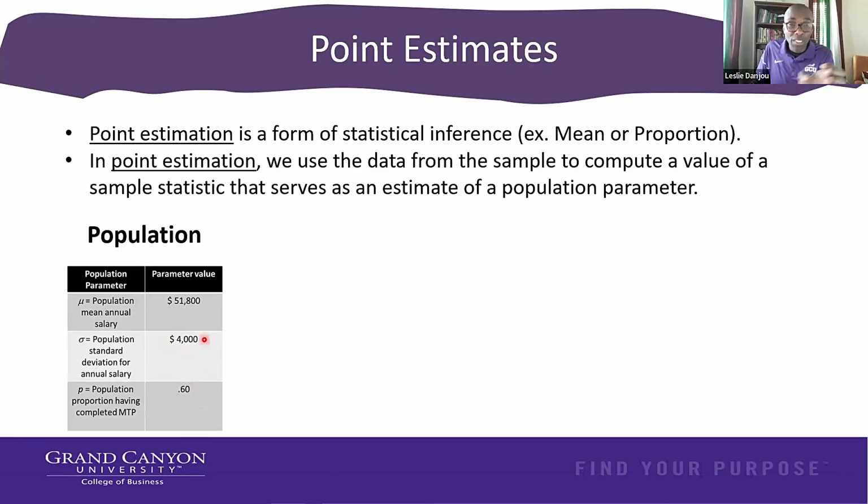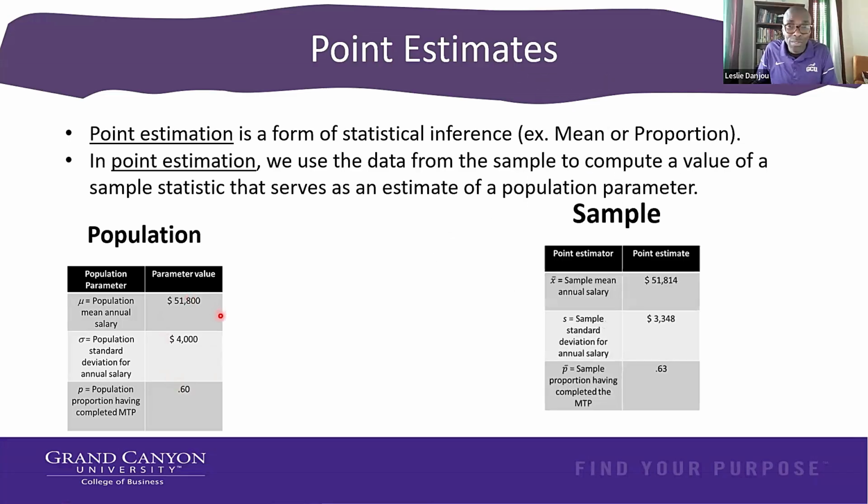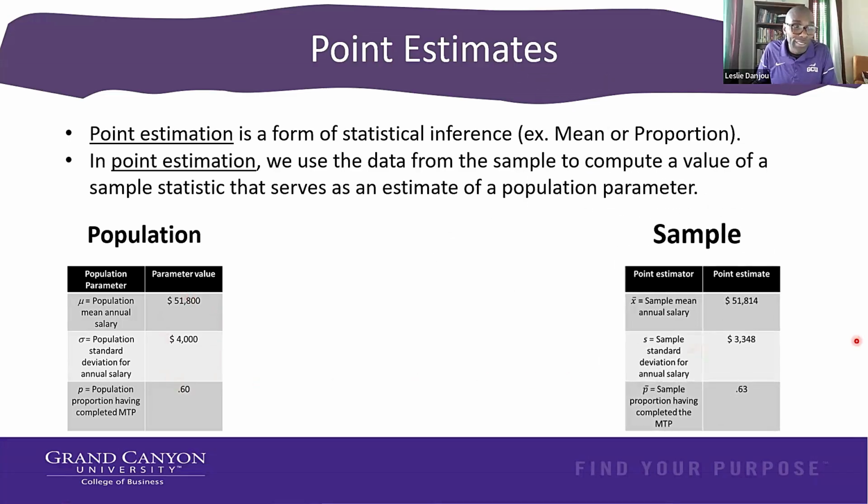Your sample must be very close to these numbers. So let's say you had a sample looking like this. You will say, man, this is a good sample because it's very close to the population parameter. Here's your population parameter. Here's your sample. These are good samples because they're very close to your population value.